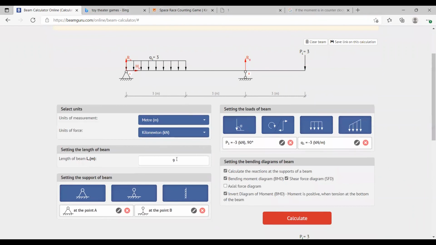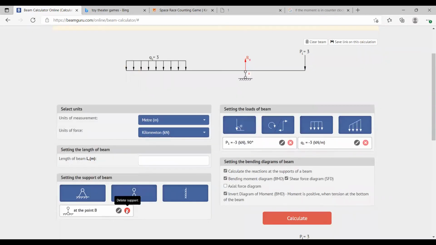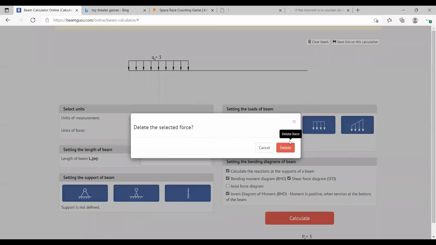So let's go ahead and enter. Oh, I actually have it already done. Let me just delete this, and I will be doing this all over again, just so that I can show you exactly how it's done. I will be deleting the loads.